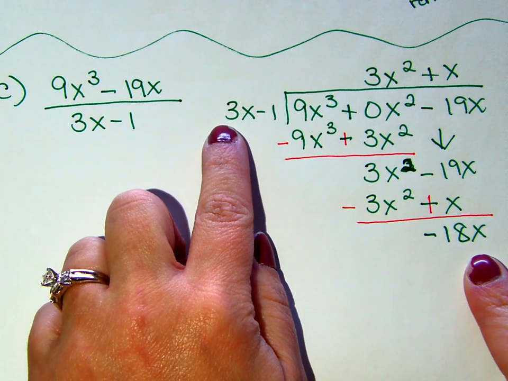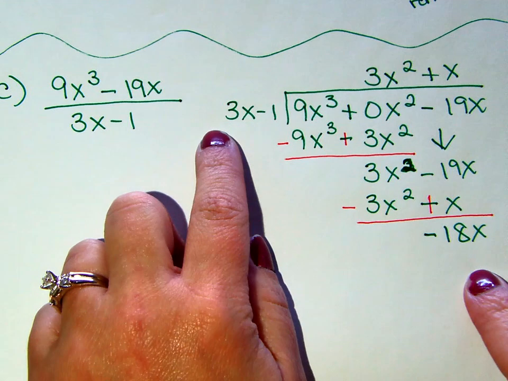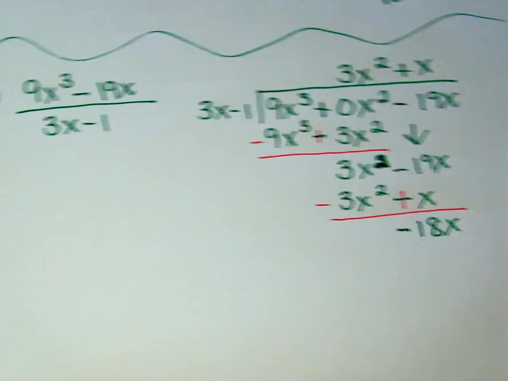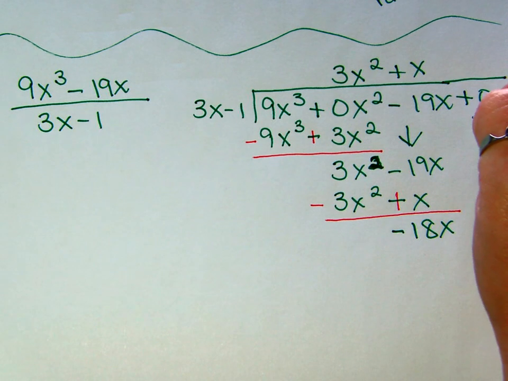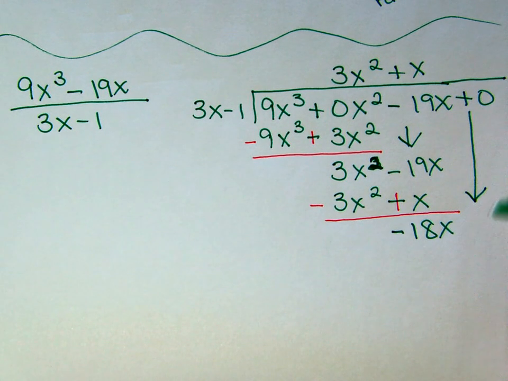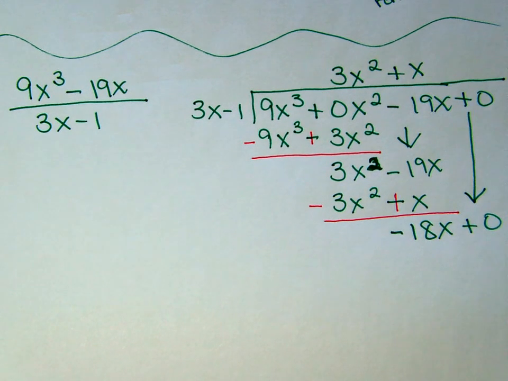So if you want to, you can always put that plus 0 if there isn't a constant, and you can even bring it down as a plus 0. If that makes you more comfortable, you can totally do that. If you don't need that plus 0 to know you still have more to do, that's also fine.